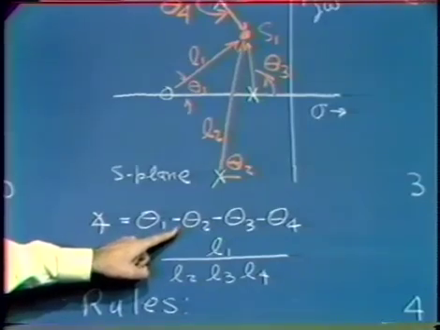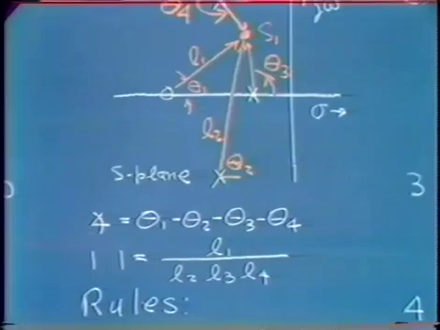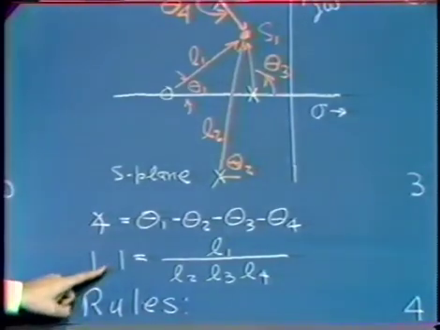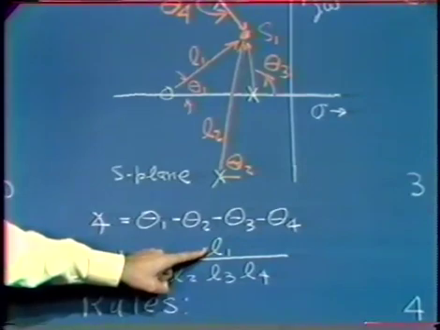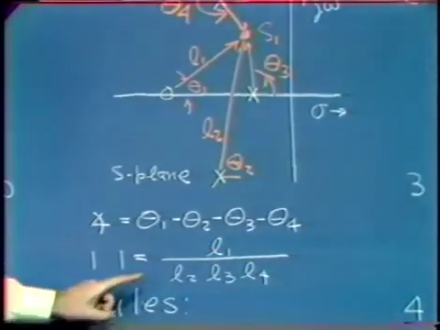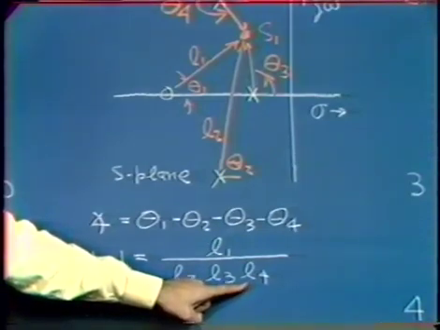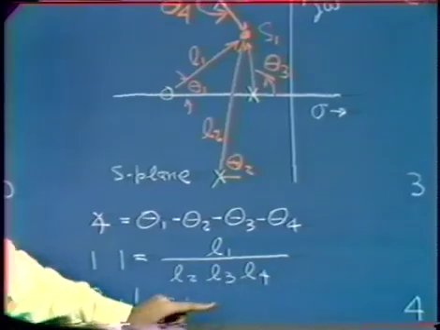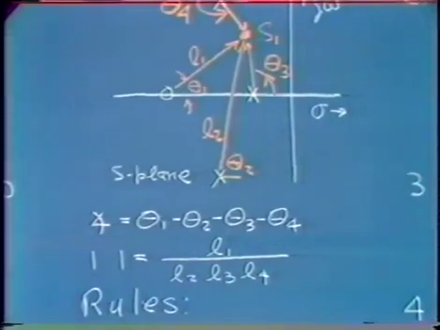In particular, in our case, minus theta 2, minus theta 3, minus theta 4, since those are the angles associated with the three poles of G of S. Similarly, the magnitude of our transfer function is within a constant of proportionality equal to the product of the lengths of the vectors from all of the zeros to the point in question. In our system, again, we have only one zero, so that's L1, divided by the product of the lengths of the vectors from all of the poles of the transfer function to the point in question. So in our case, with three poles, we have the product L2 times L3 times L4.